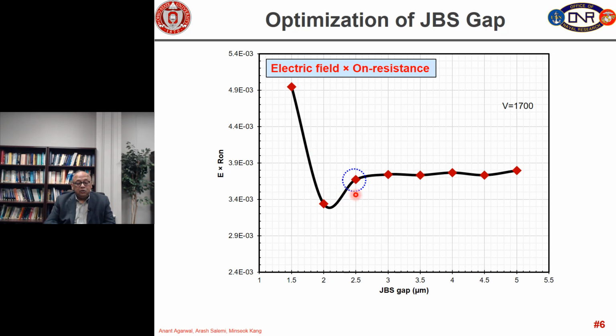So, we decided to choose the optimum point as 2.5 micron JBS gap, which is fairly good, very close to this minima, but gives us a little bit of buffer. All right. So, by choosing 2.5 micron, we have minimized the electric field and the on resistance.